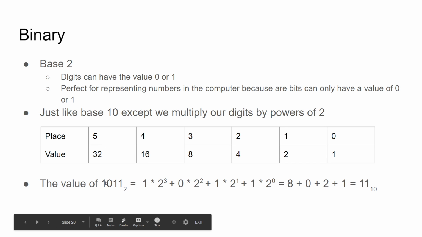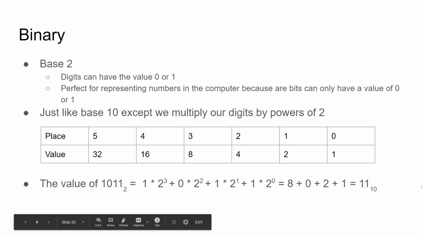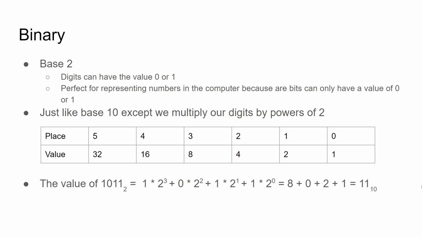If we had 1, 0, 1, 1, that's 1 times 2 to the 0, plus 1 times 2 to the 1, plus 0 times 2 squared, plus 1 times 2 to the 3. So that's 8 plus 0 plus 2 plus 1, which is equivalent to 11 in base 10. Any questions so far?